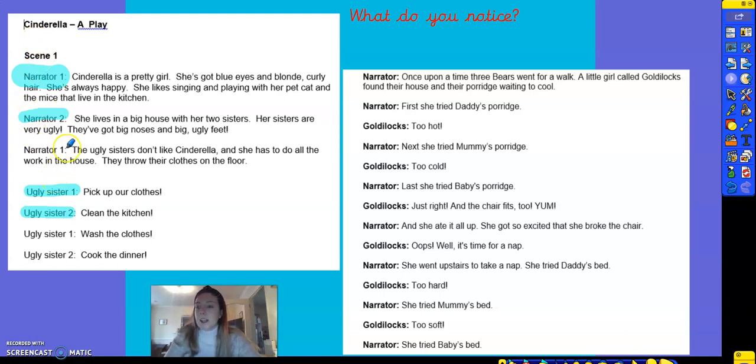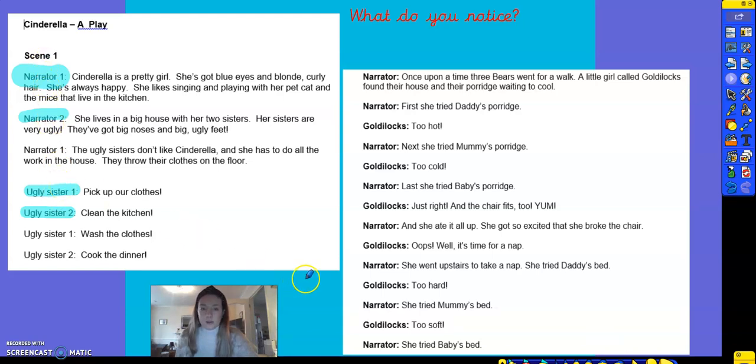And this comes at the beginning of each sentence to tell you whose turn it is to talk. So a play script is because you're going to be performing it on a stage, you're going to be saying these lines out loud to perform to an audience. So you need to know who is talking at what time. So at the beginning of each sentence of the play script, it tells us which character's turn it is to talk.